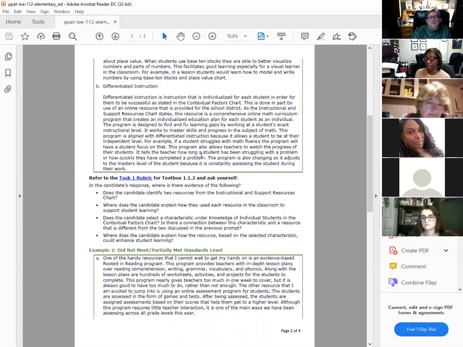So I just gave examples of interest inventories. But if you Google getting to know you activities, you will find a vast array of activities that you can use. Okay. So now once you find an activity that you think would work with you in your classroom, that will be your getting to know you activity, and all you have to do is upload it in that space. Okay. Everybody understand that?